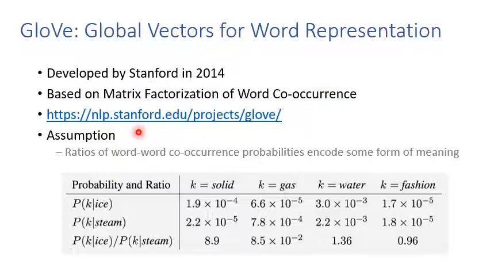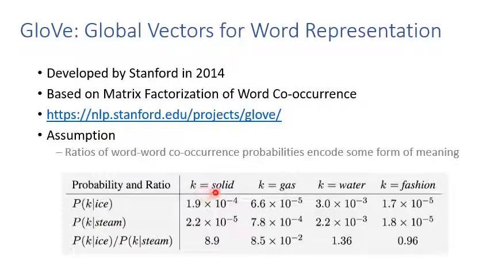So you can download the pre-trained model from the Stanford website, and GloVe made an assumption that the ratio of word-to-word co-occurrence probability encodes some form of meaning. Here's an example. Consider the ratio of word K and the other words.